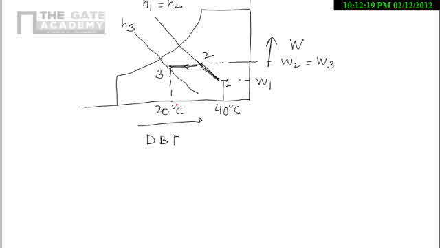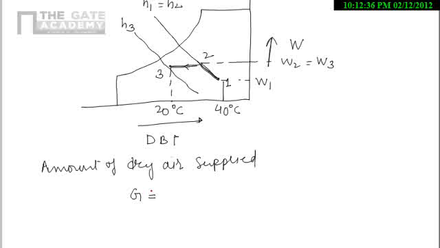First of all, I will find the amount of dry air supplied, that is G. For calculating G, we have the sitting capacity of the hall, that is 1500, the amount of outdoor air supplied, that is 0.3 meter cube per minute per person, and the specific volume, that is 0.896.